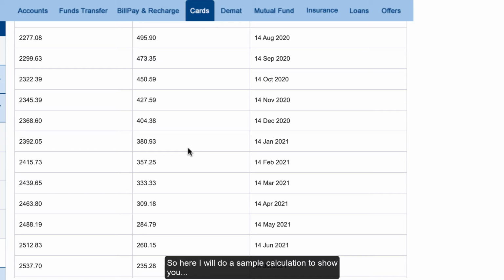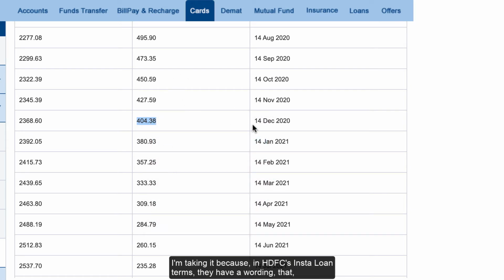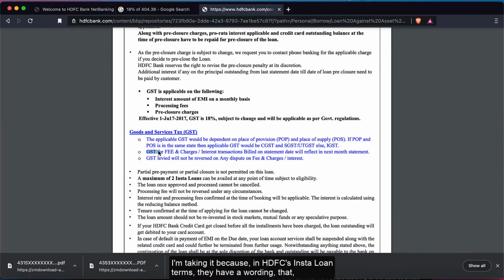So here I will do a sample calculation to show you how IGST is arrived at from the interest amount. You can see the principal and interest amount listed here. I will take the previous month's interest value for calculation. I am taking it because in the HDFC Insta loan terms, they have a wording that GST will be reflected in the next cycle.